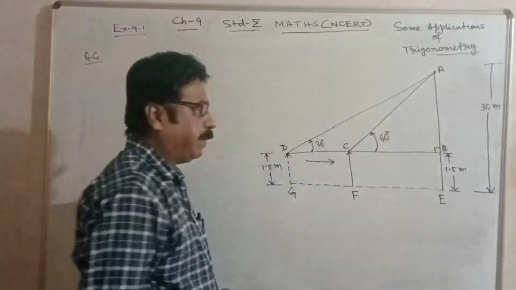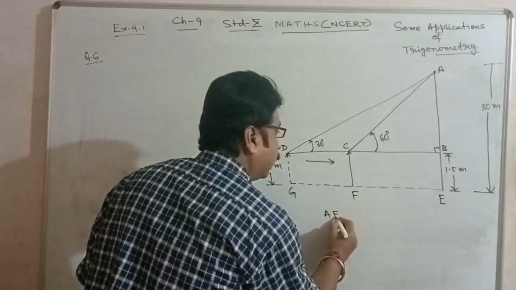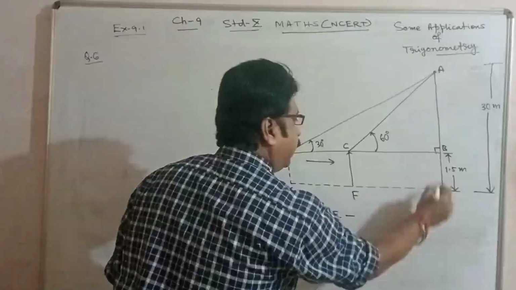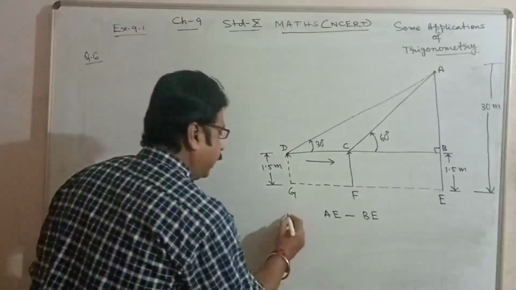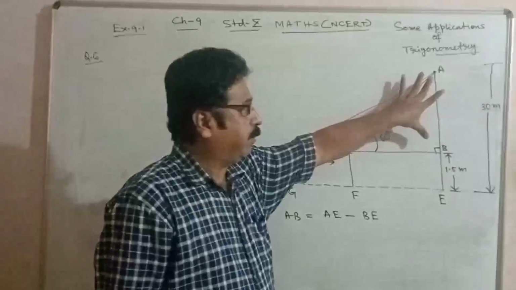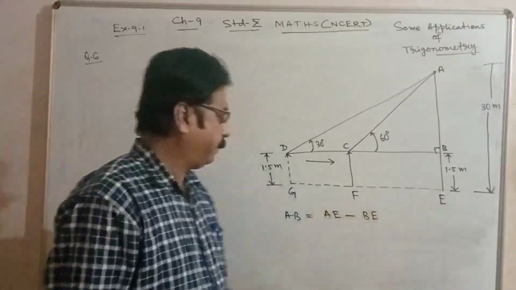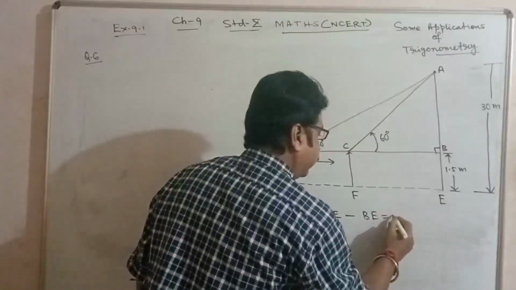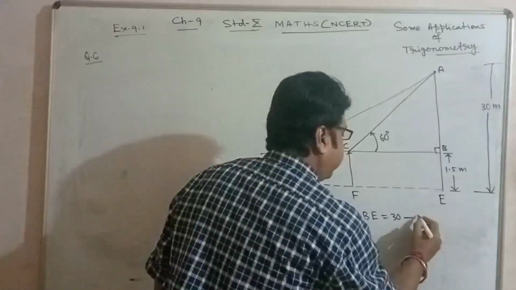AB we can find easily. AE minus BE will be equal to AB. AE means 30 meter and BE means 1.5 meter.